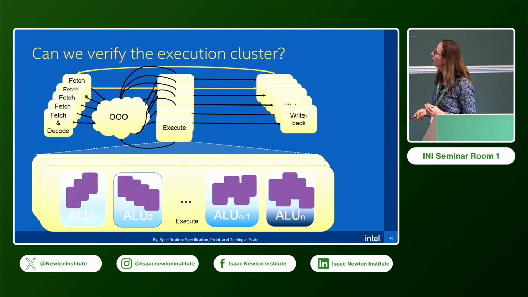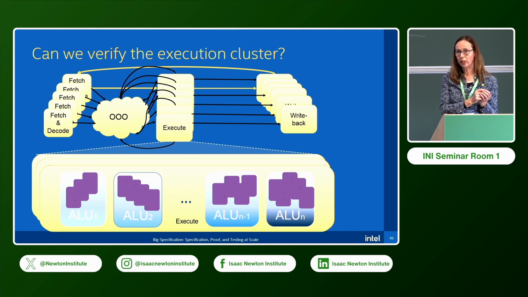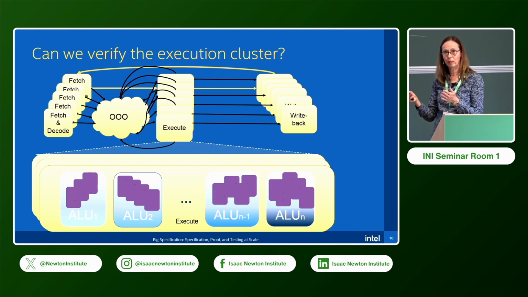In our case also, when an x86 instruction enters the machine and is decoded, it's translated into a sequence of micro-operations. Now, we start with some very abstract micro-operations, and some of them might be almost like an instruction. For instance, one might implement floating point division.